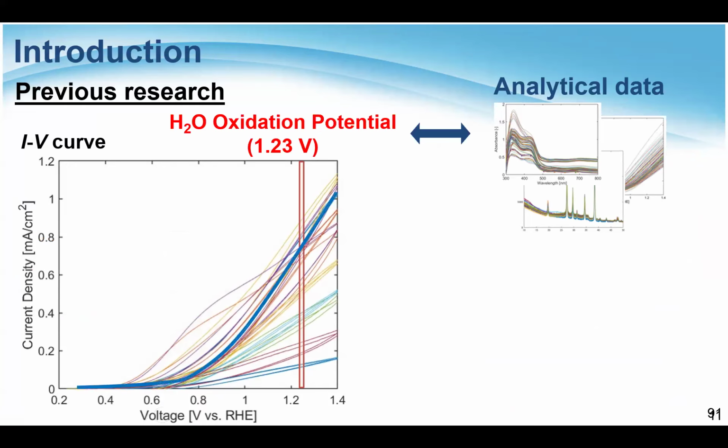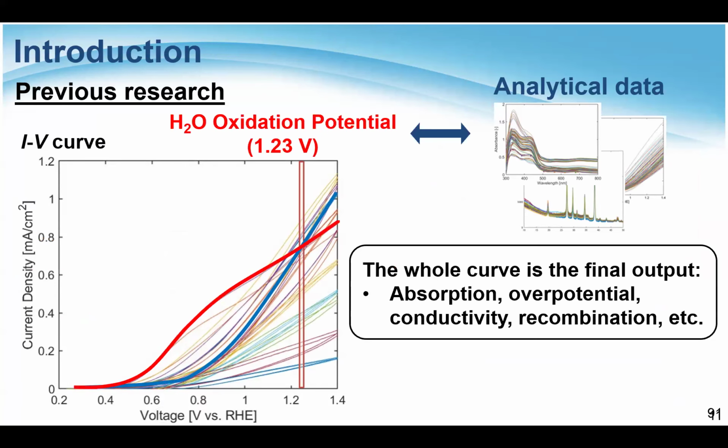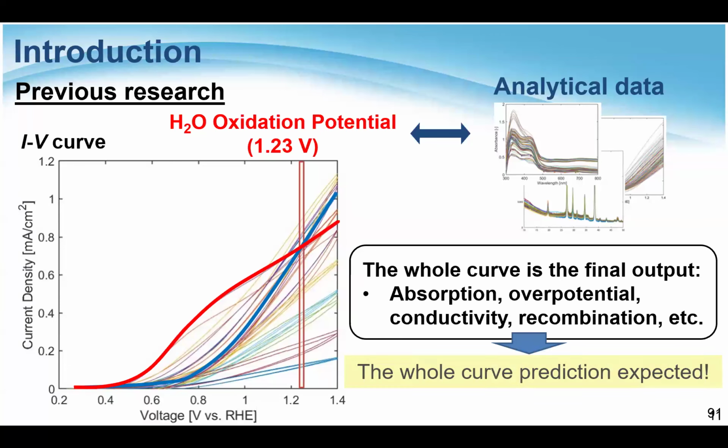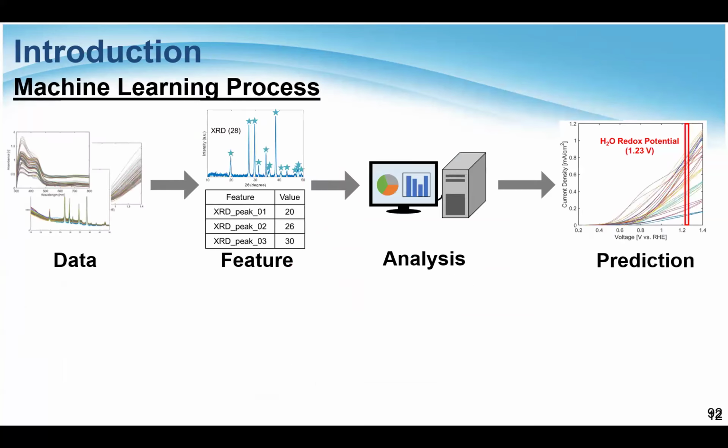However, we have a whole curve. Actually, this curve is the final output of the light absorption, overpotential, conductivity, recombination, and so on. So the whole curve prediction is very nice for understanding the physical process, right? So what we did is originally take analytical data as features and do the prediction.